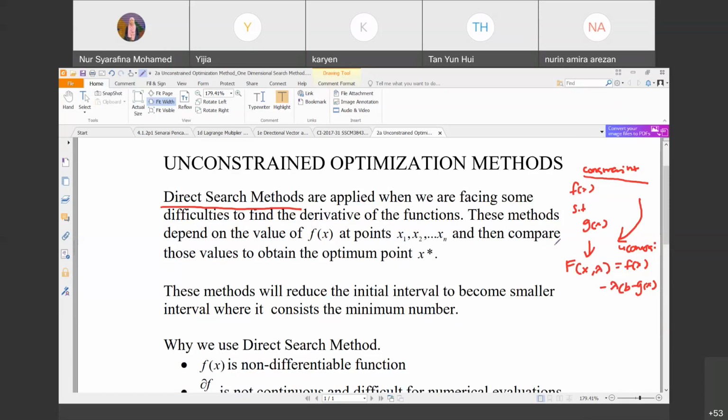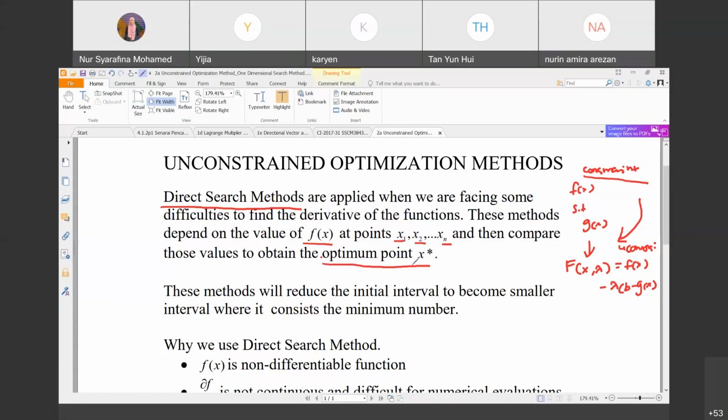This method depends on the value of f(x) at points x1, x2, x3, x4, up until xn, and then compares those values to obtain the optimum point. What is the meaning of that? The meaning is we need to have some sort of steps in finding the optimum point.